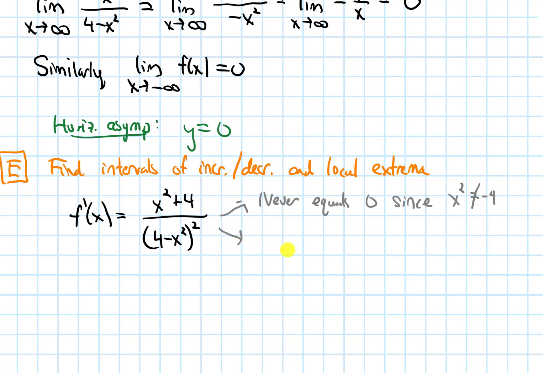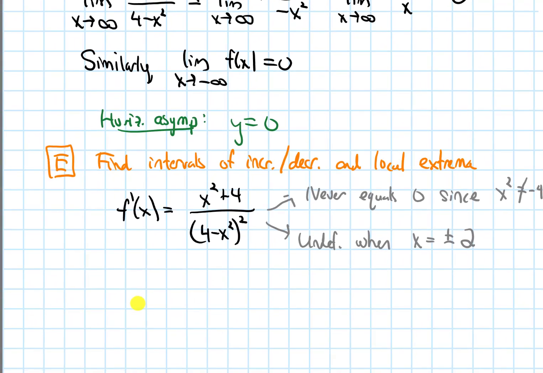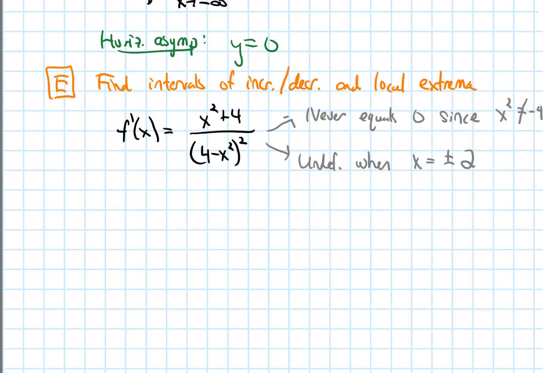Okay, I also got to find when this whole derivative is undefined. It's going to be undefined when the bottom is 0, and that happens when x is plus or minus 2. All right, so we take these values, we plot them on a number line. There was nothing that made the whole thing be 0, but there were 2 values that made it undefined, so I will put those on the number line, negative 2 and positive 2.